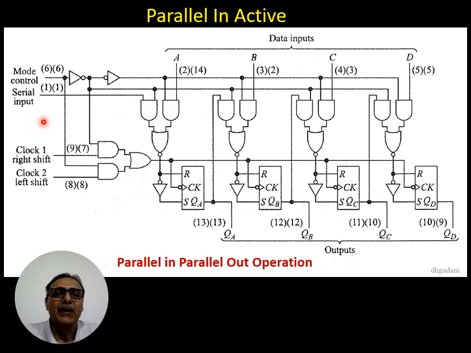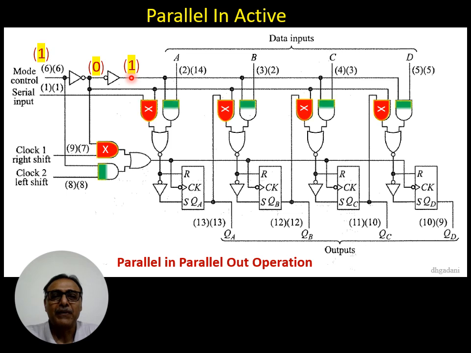Now, if we connect the mode control pin 6 to logic 1 by applying high voltage, then the output of this NOT gate is 0 and the output of this inverter is 1. So what happens is that as this terminal is high, this AND gate becomes active and this AND gate becomes inactive due to 0 voltage.